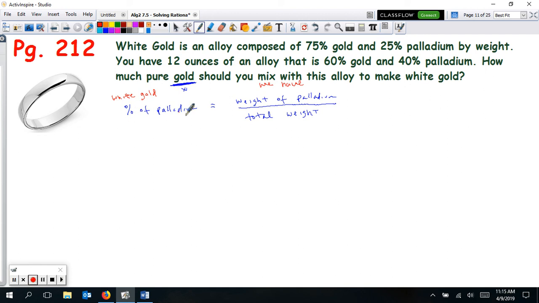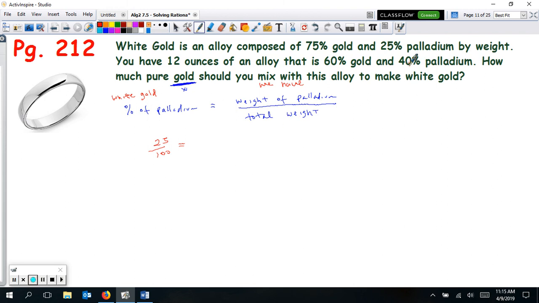So now we're going to put the percent of the palladium, that's the 25. I'm going to make it 25 over 100. So that's a fraction. And then over here, the weight. Well, we have 12 ounces. So this is what we have, the 12 ounces on this side. 40% of that is the palladium.